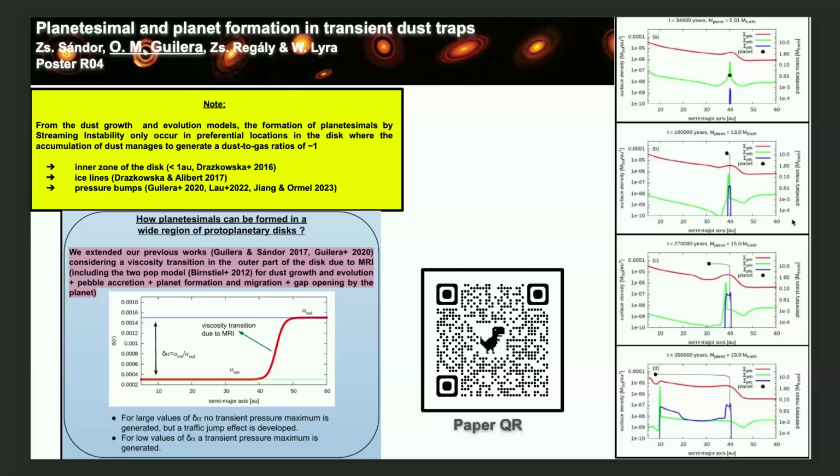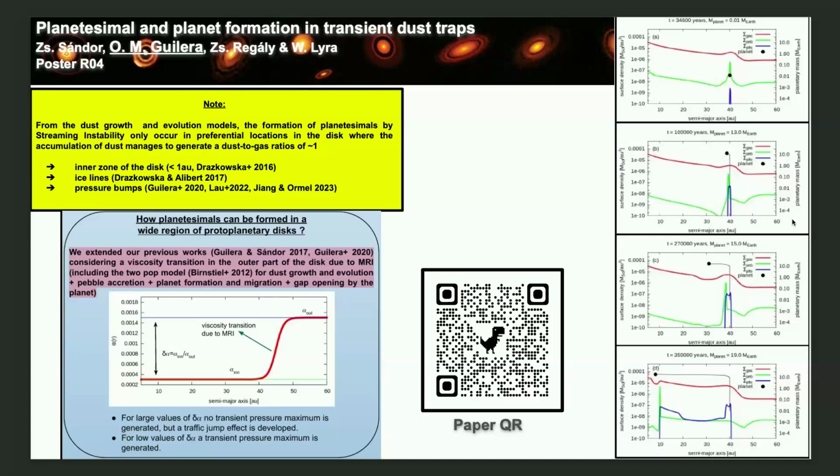So in this work, we include a dust growth and evolution model based on the two-pop-py model by Birnstiel 2012, and include pebble accretion, planet formation, planet migration, and the opening of a gap in the gas by the planet.